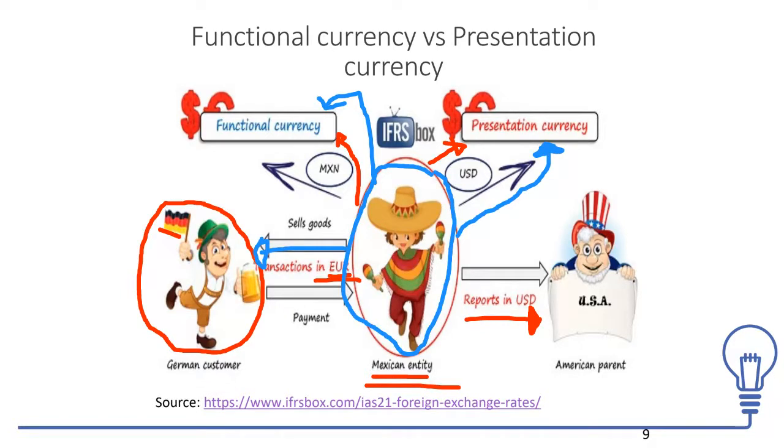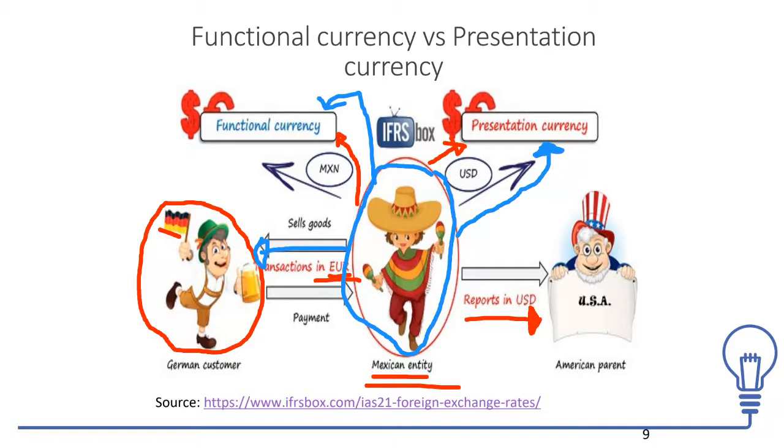Can you see how this situation can present itself? And they're presenting it in the dollar because they have this American parent that wants to do a group consolidation for this foreign company. Okay, so that is why we need different types of currencies and why we have different types of currencies.